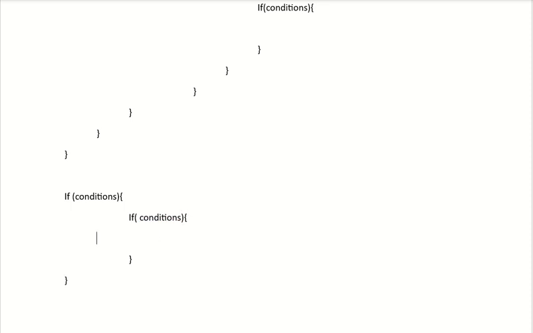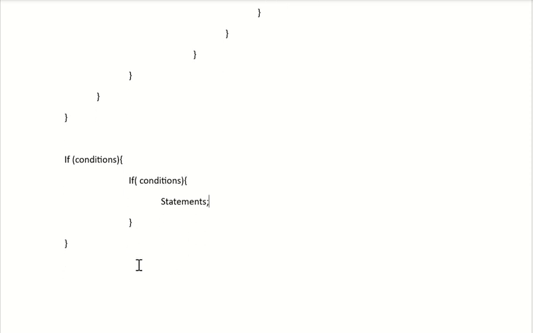You can add statements, meaning whatever code you have written, such as at the console. Whatever statements we are adding. And then suppose here there is an if statement, so here you can use an else statement also. Here you can use the else statement.